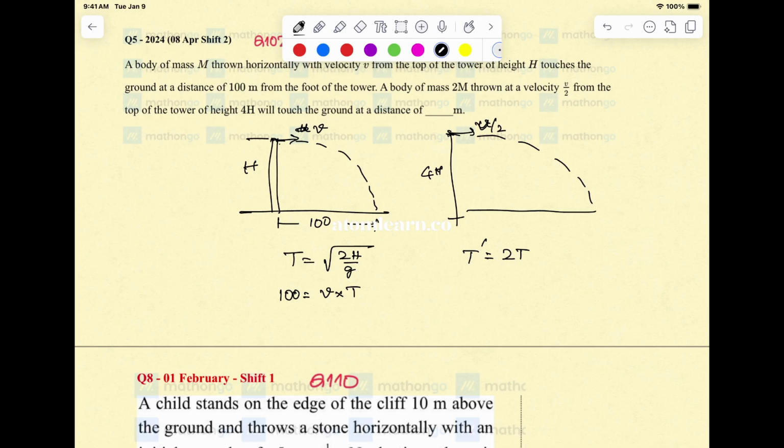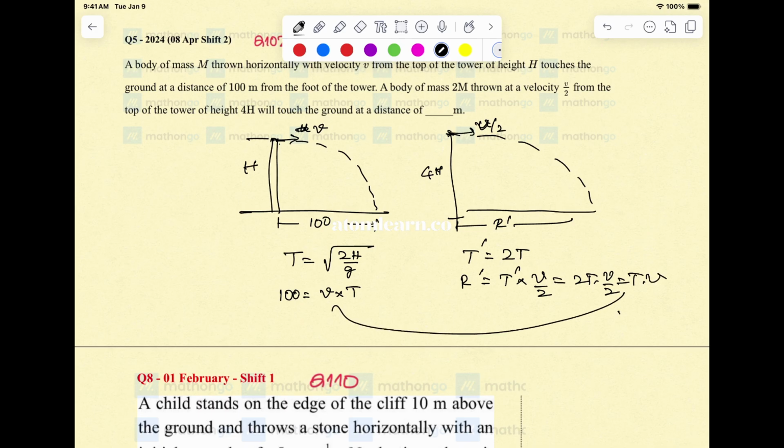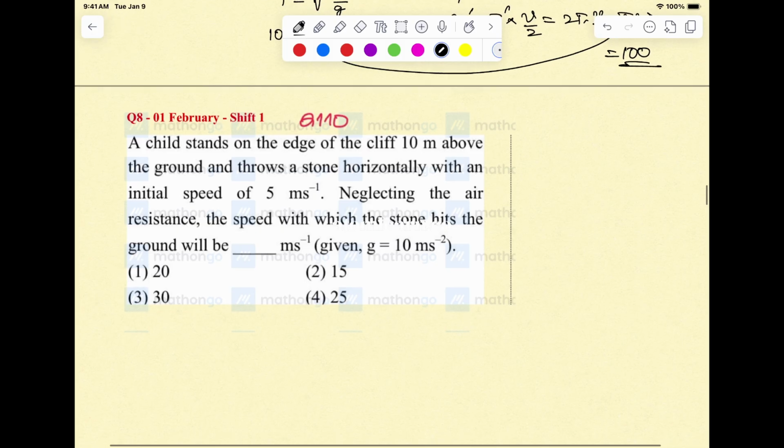In this case the range is R dash, which is what they are asking. R dash equal to t dash into the velocity v by 2, which is 2t into v by 2 equal to t into v, which is the same as before. Therefore the answer should be the same, 100. Understood? Go to the next one.